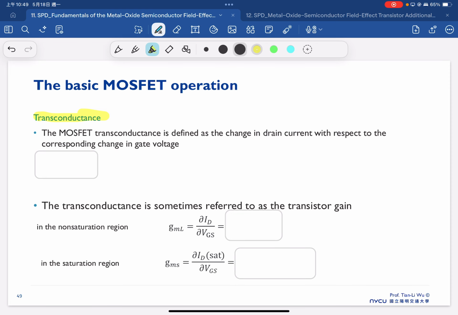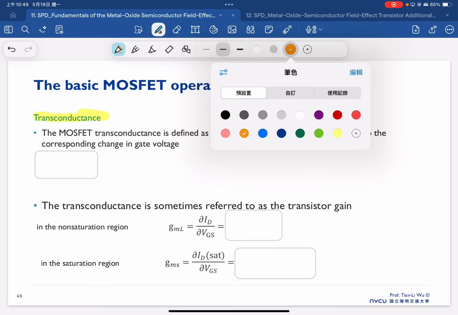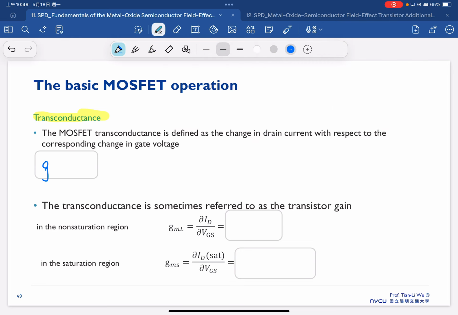So the equation is shown here. Transconductance is defined as the derivative of the drain current over the derivative of the gate voltage.